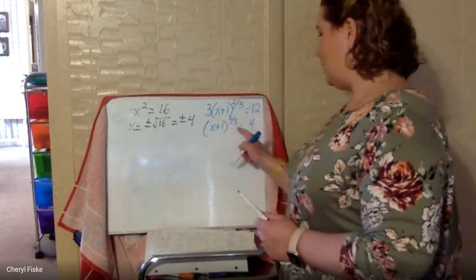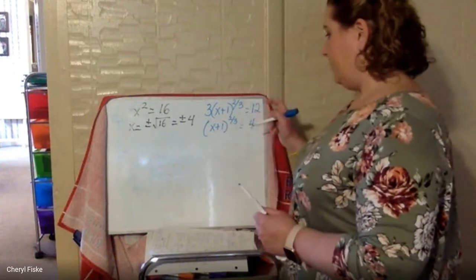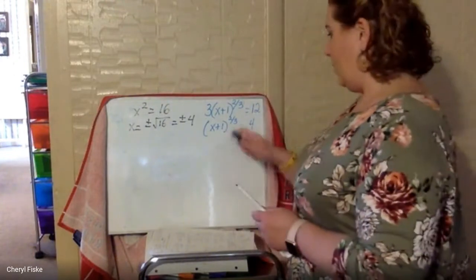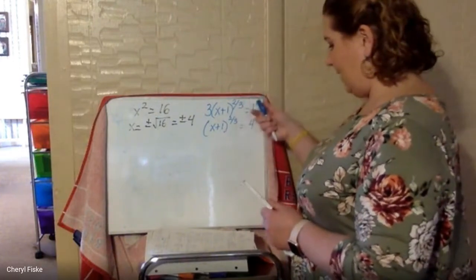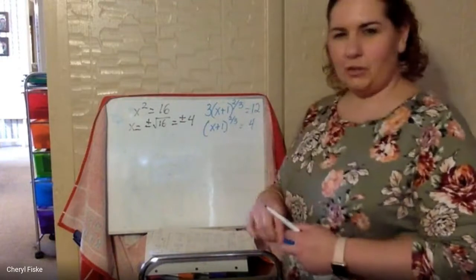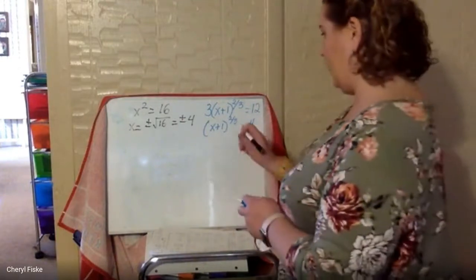So (x plus 1) to the 2/3 equals 4. Now what happens here is that when I raise it to the 3/2, it ends up needing that plus or minus piece. So here's how it works.